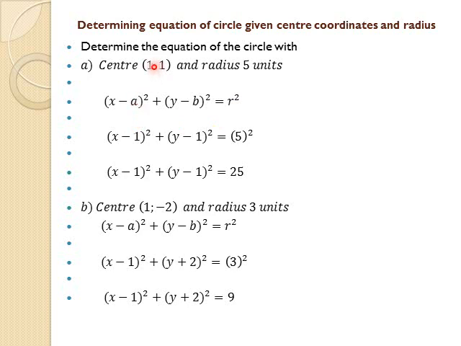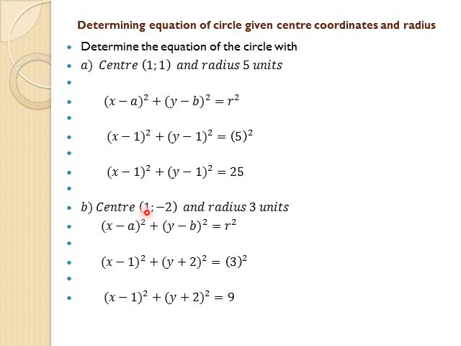There a is positive 1, so a becomes negative 1. Therefore y is positive 1, so b becomes negative 1. Radius is 5, so that becomes 5 squared. So my equation reads (x - 1)² + (y - 1)² = 5², which I assume you know is 25.